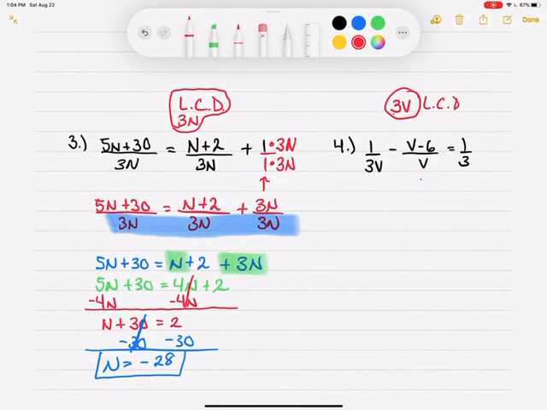So if you look, I need to change 2 of these. To change the first one, I multiply by 3. And remember, I have v minus 6. I need to multiply all of that by 3. And then I just need to multiply 3 by v.